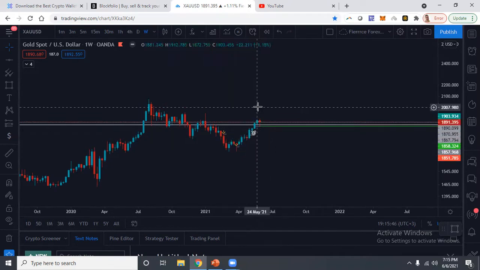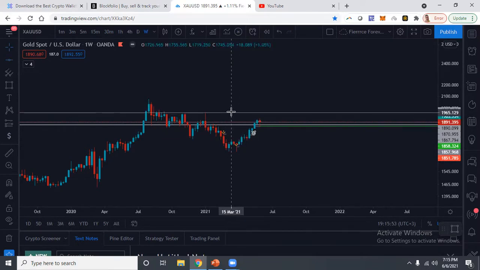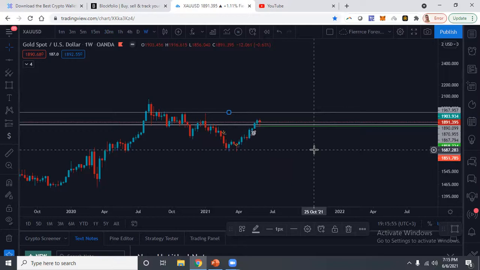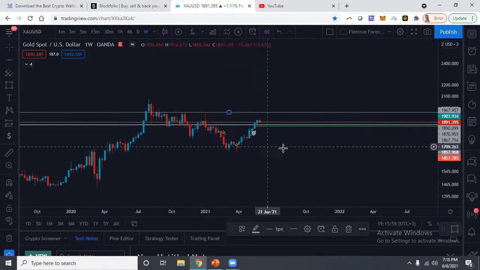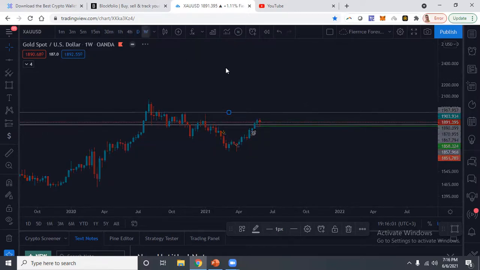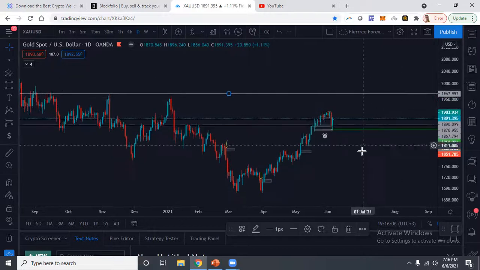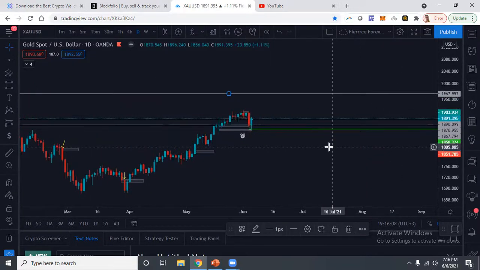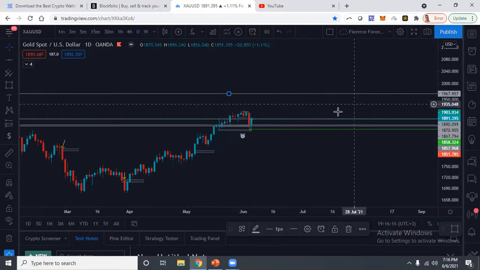I'll just mark out the weekly high here as a reference point. Interesting level down here, this level here. When I go on the daily, I think we're making for the previous high here.